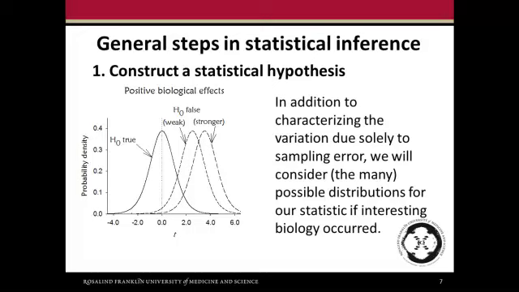And here we see that positive biological effects will result in a larger value of t, and stronger effects will end up with even larger values of t. However, it is also important to note that when the null hypothesis is actually false, part of that distribution of t has very small values, and that can just be due to sampling error, even if the null hypothesis is actually false.